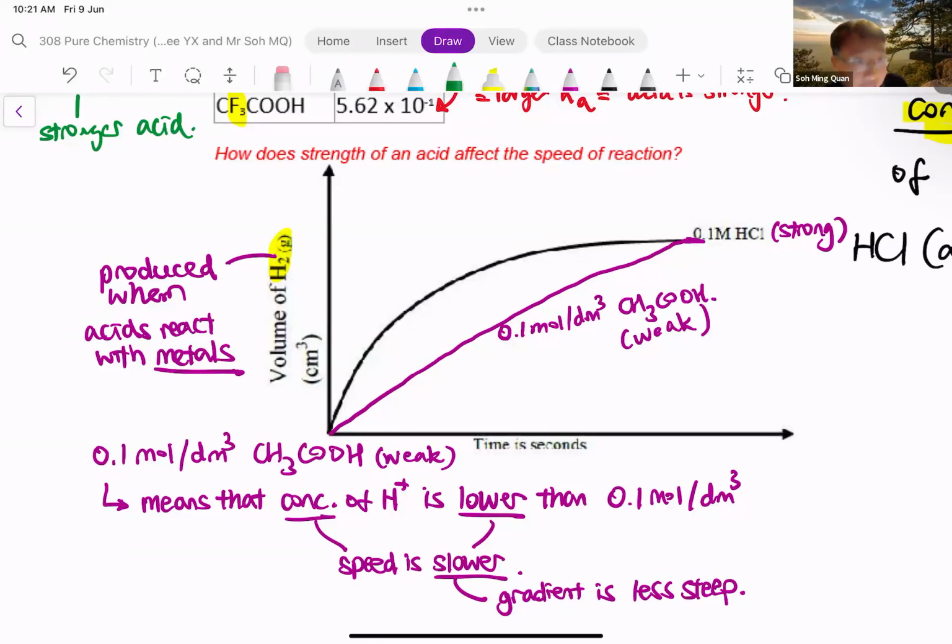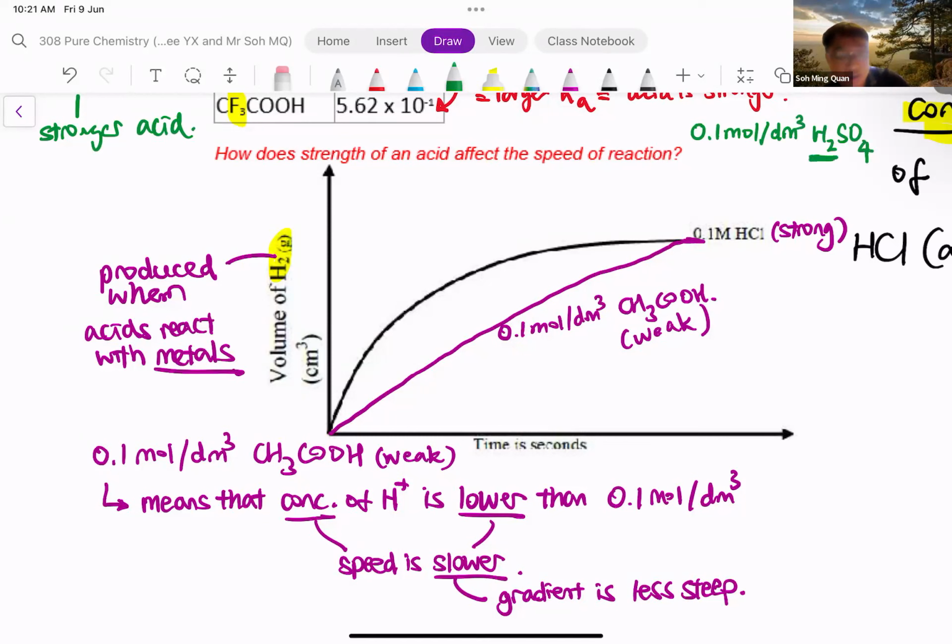But let's challenge our understanding further. What happens if instead of ethanoic acid, I had used sulfuric acid? So what happens if I use 0.1 mole per dm cube sulfuric acid? Now, sulfuric acid is strong, right?